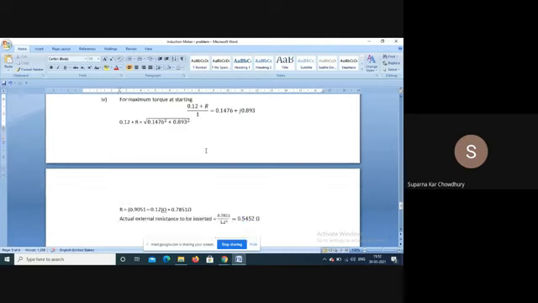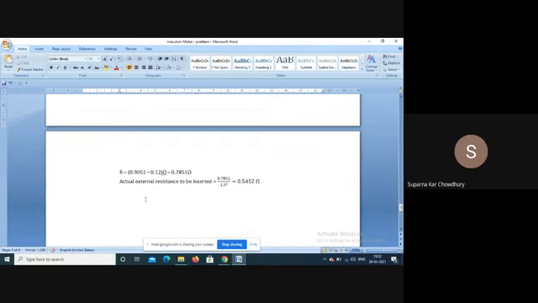When we refer to the stator side, this is the referred value. So what we actually insert should be this divided by 1.2 square.